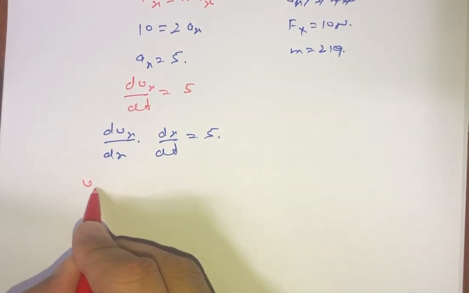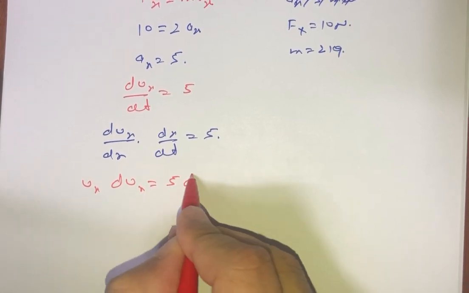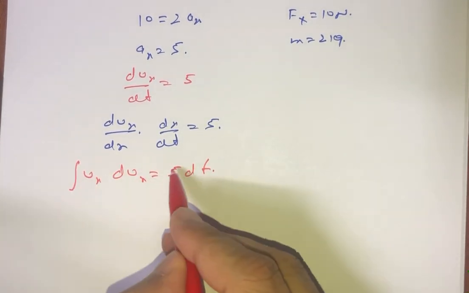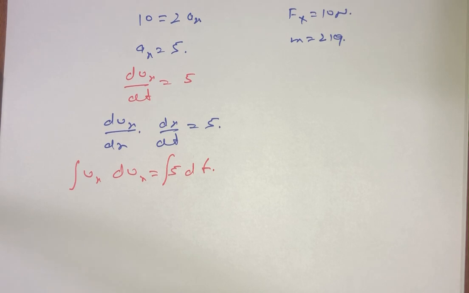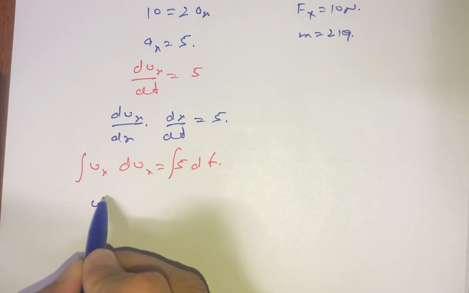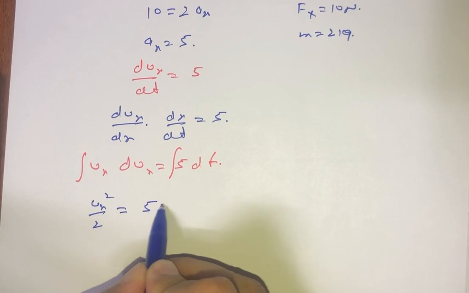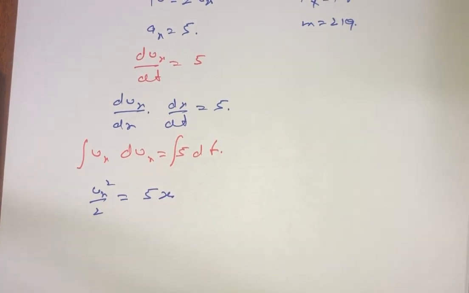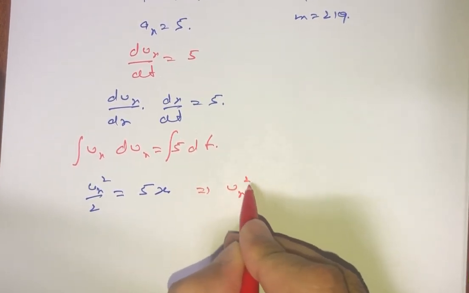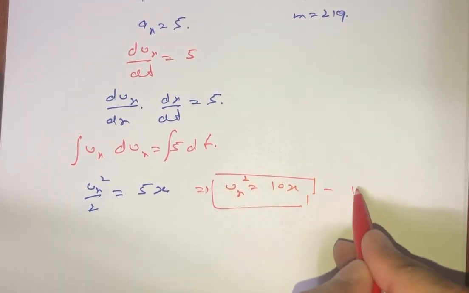So we can write vx dvx is equal to 5 dx. Now integrating, vx square divided by 2 is equal to 5x, or from here velocity in x direction vx squared is equal to 10x. Let us call this equation number 1.